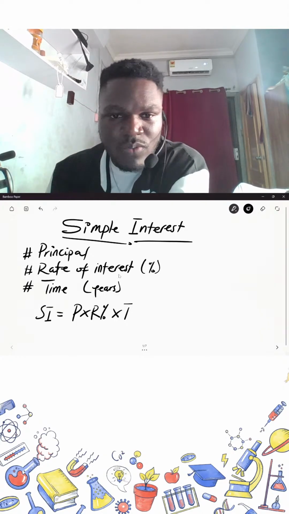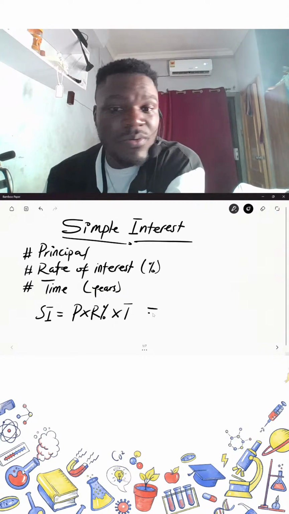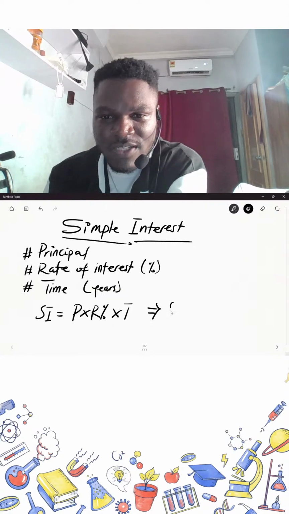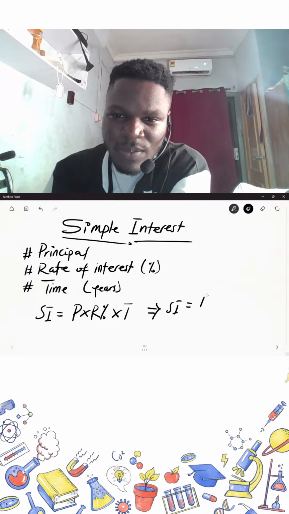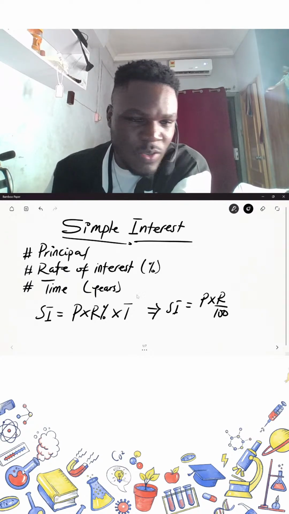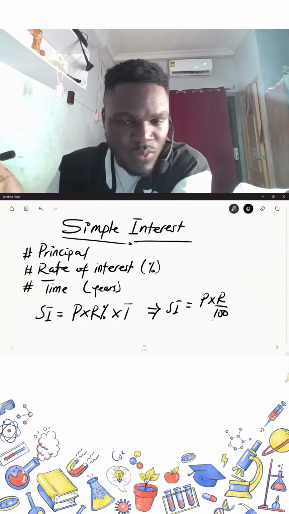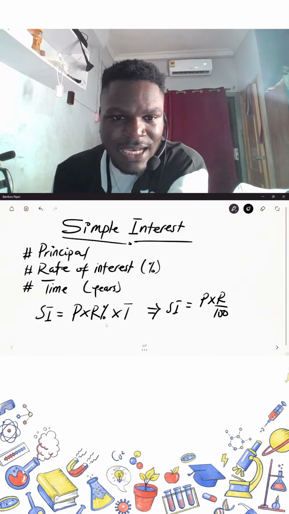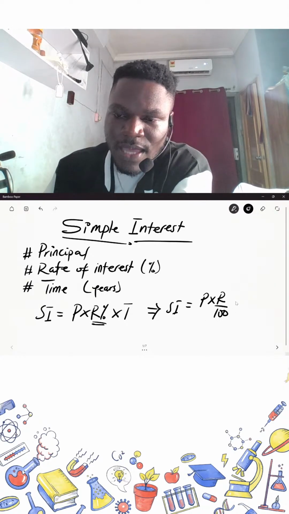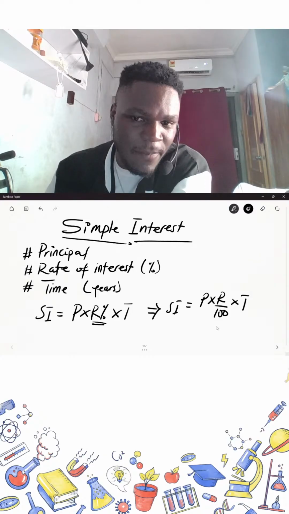So this formula can be rewritten as simple interest is equal to the principal multiplied by the rate over 100. The R over 100 is us taking off the percentage sign, and then we multiply by time. Are we okay?